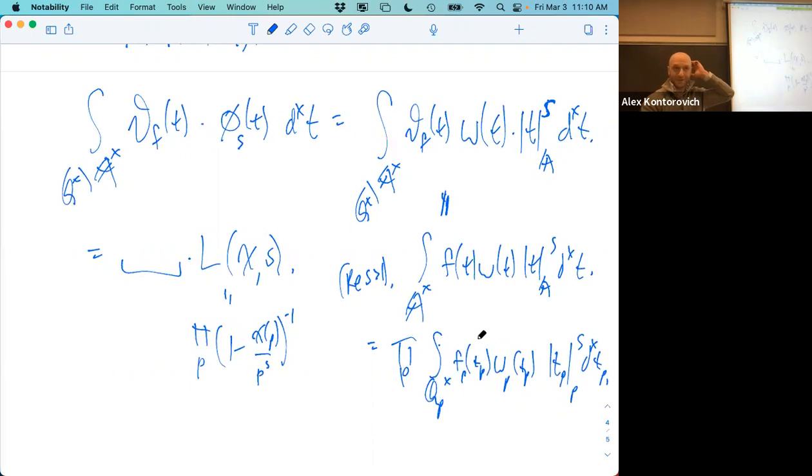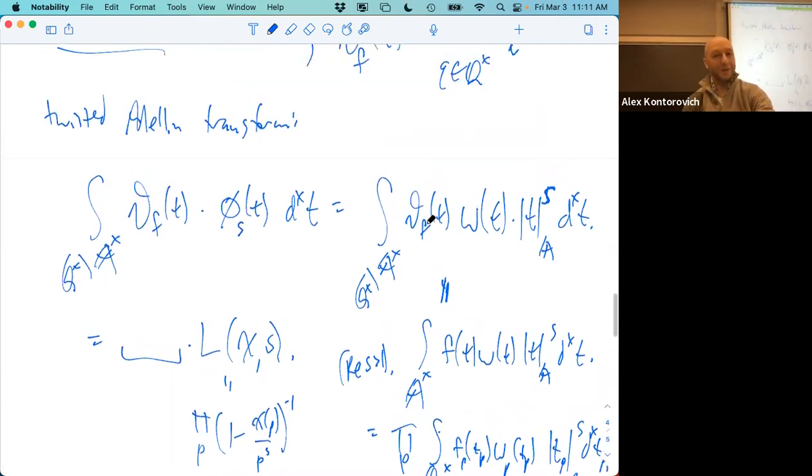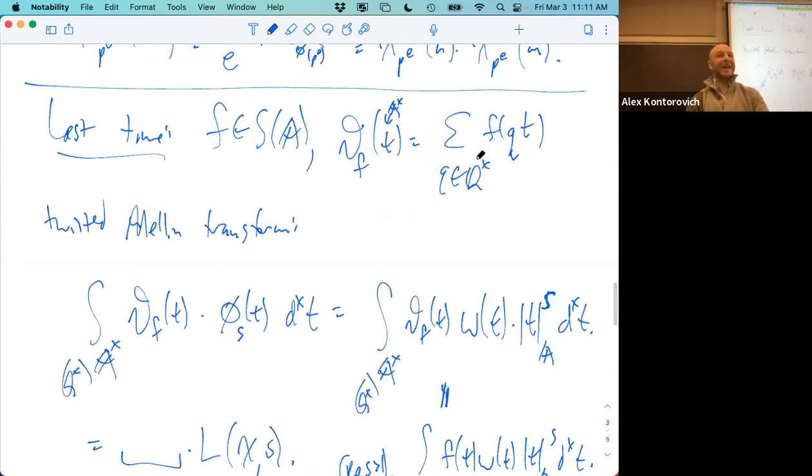Now, I want to show you how similar yet different this approach is when you're doing Dirichlet characters, when you're twisting by characters, to the classical. In the classical method, we use the twisted Poisson summation formula. Here we're going to use exactly the classical Adelic Poisson summation formula, untwisted. The Poisson summation formula says that the sum over all the rationals of a function is equal to the sum over all of the rationals of its Adelic Fourier transform.